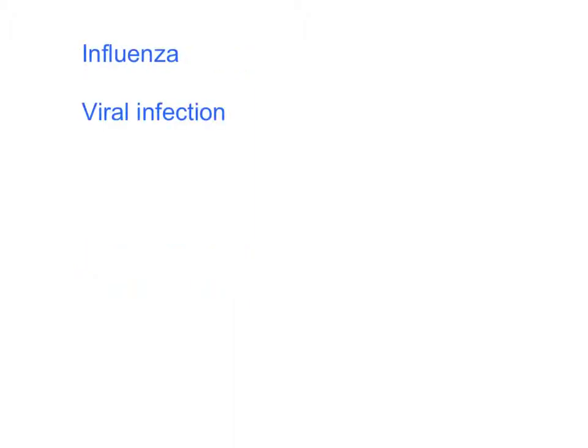Influenza is an example of a viral infection, so it's caused by a virus. Now, the family of viruses that causes influenza are the Orthomyxoviridae family. This virus can be acquired usually by breathing in particles of the virus. It's one of the most common diseases and has symptoms such as sneezing, coughing, headaches and a runny nose.